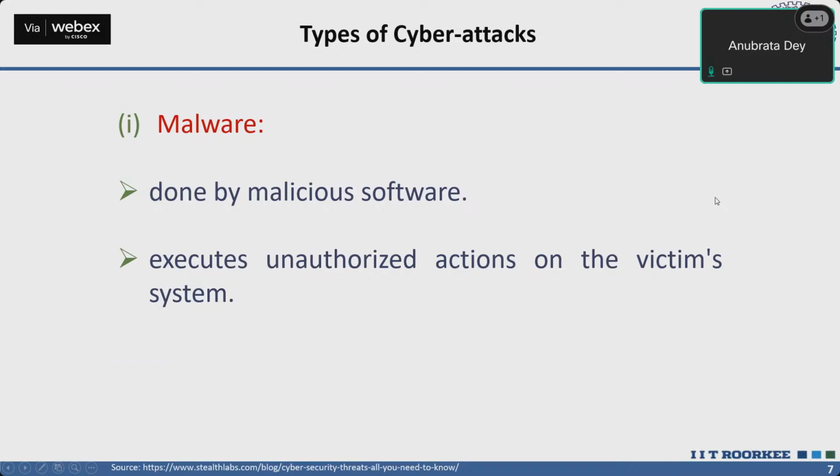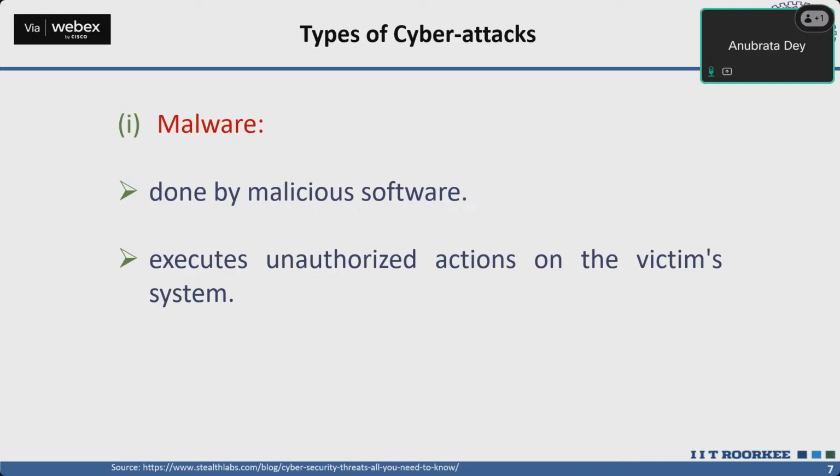Now, if we look at each attack one by one, let's start with the malware type of attack. This type of attack is done through software. The attacker introduces some software through devices like a USB, or similar devices which you plug into your computer.